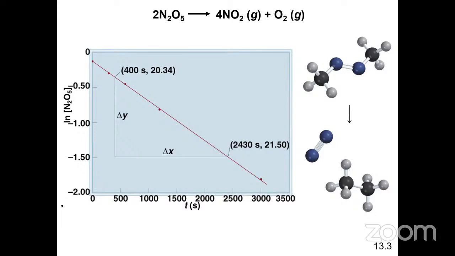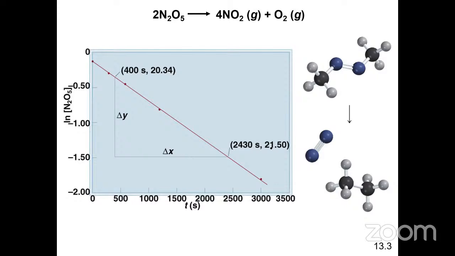In this particular case, the rise would be negative: 20.34 minus 21.5. The run would be 2430 minus 400. You divide the change in y over the change in x, and that gives you the slope of the graph, which gives you the minus rate constant.